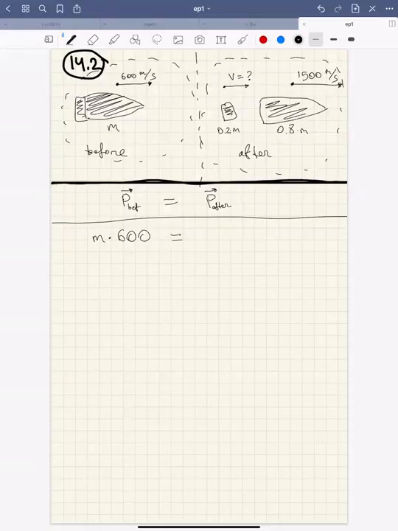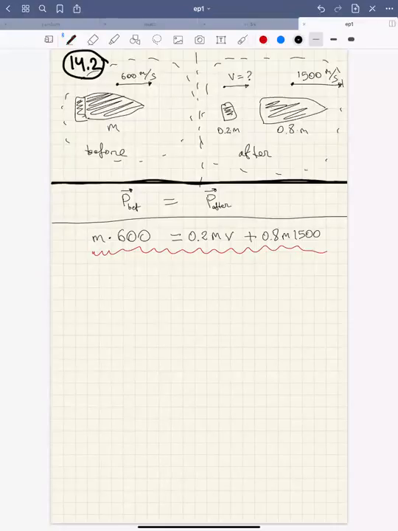One of them has momentum 0.2 times m times v, where v is unknown. And the second body has momentum 0.8 times m times 1500. In this case, I don't really have to worry about x and y axes because everything is moving on a straight line.